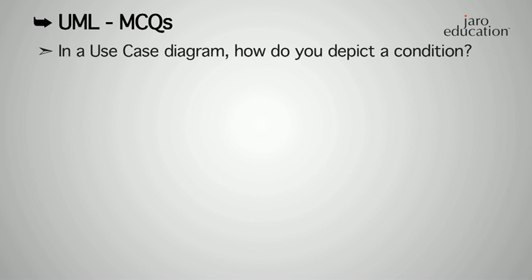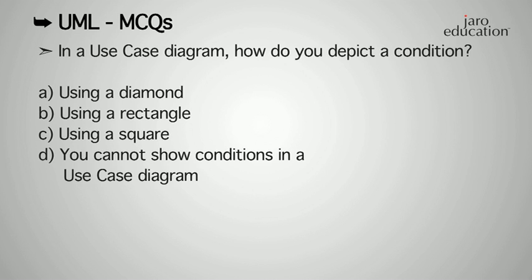Question 3. In a use case diagram, how do you depict a condition? A, using a diamond, B, using a rectangle, C, using a square, or D, you cannot show conditions in a use case diagram. Well, you should know by now that in a use case diagram you cannot depict conditions at all.